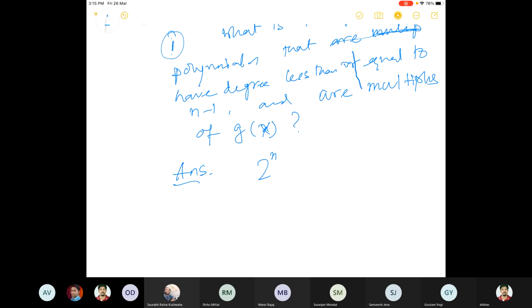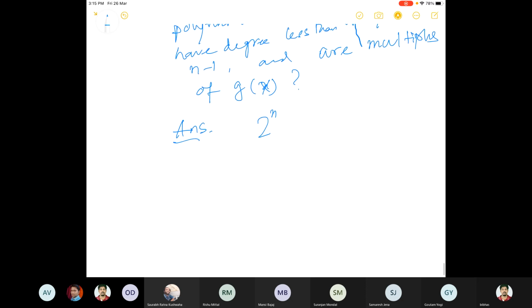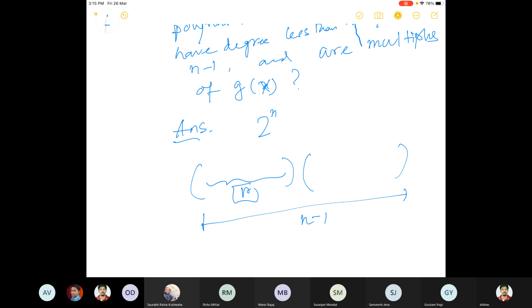So minimum degree r means what? Any codeword has length n, so only then will you reach degree n minus 1. Now I already know that G(x) has degree r. So when I'm scaling it with something, in order to achieve degree n minus 1, how many options could be there?